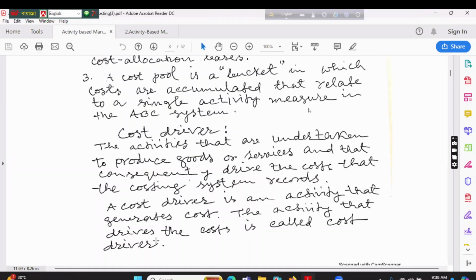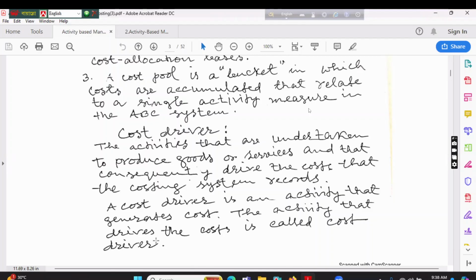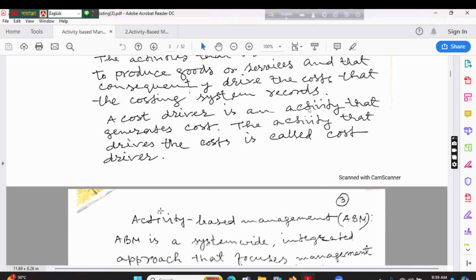This is a cost driver. Here the activity is designing the product. The activity that drives the cost is called a cost driver.